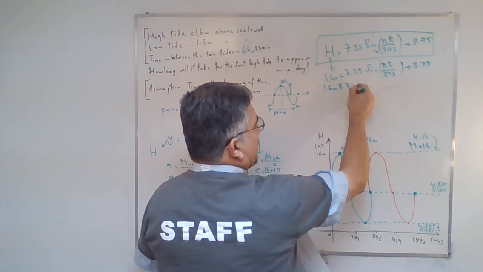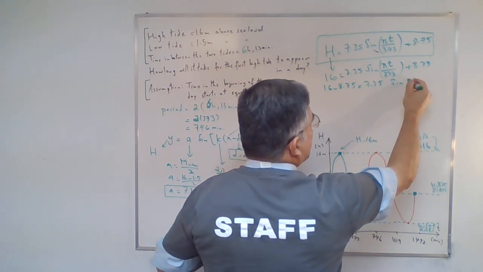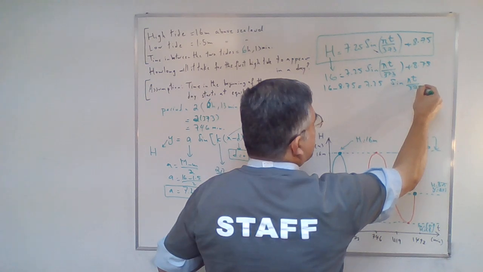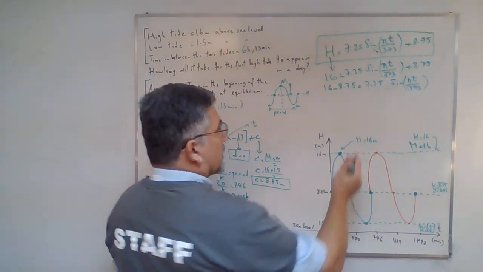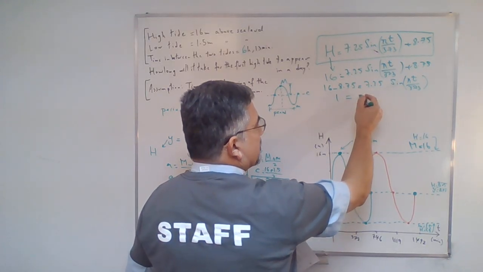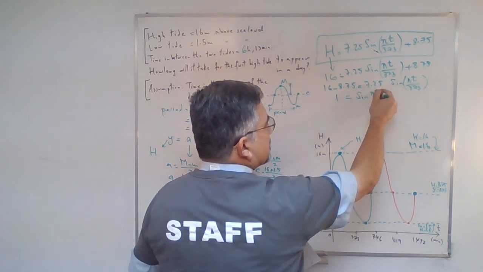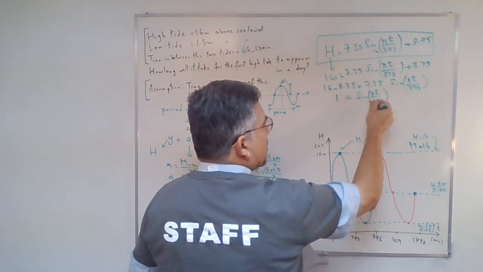So 16 minus 8.75 equals 7.25 sine of pi t over 373. And from there, we end up with 7.25 on the right. So if you divide both sides by 7.25, you end up with just sine of pi t over 373 equals to 1.